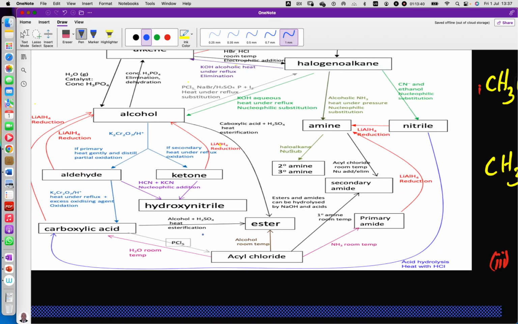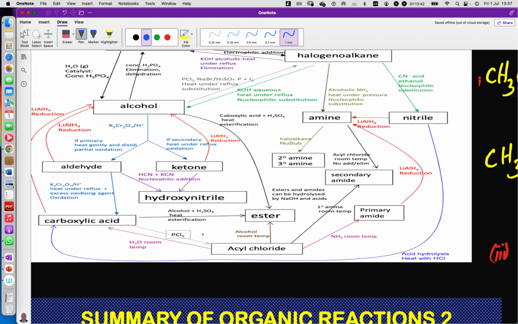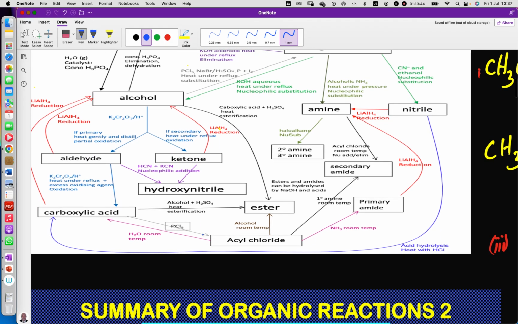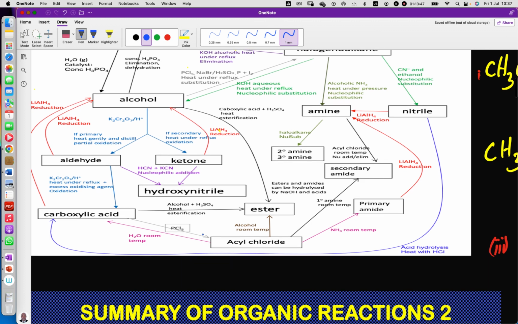An example is an aldehyde reacting with hydrogen cyanide to form hydroxynitrile. This type of reaction, we'll call a nucleophilic addition. Here, the nucleophile will be the cyanide.